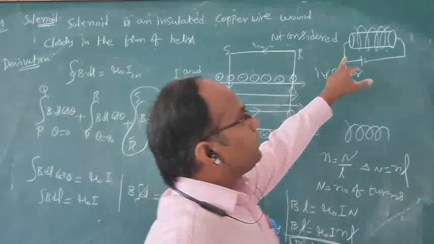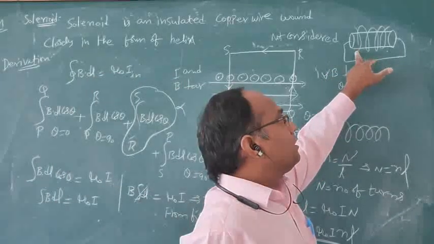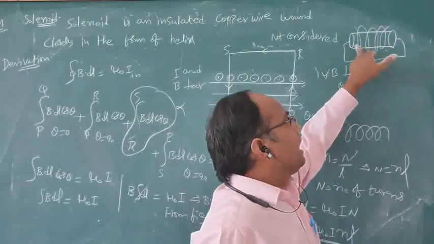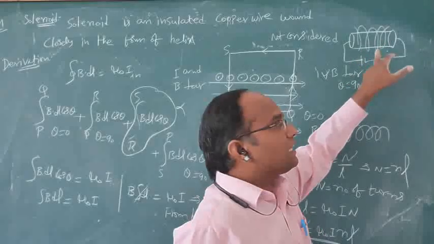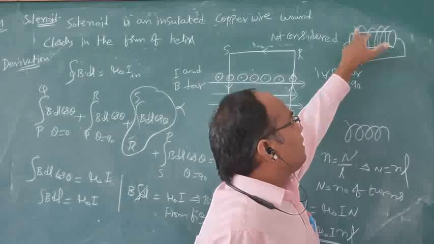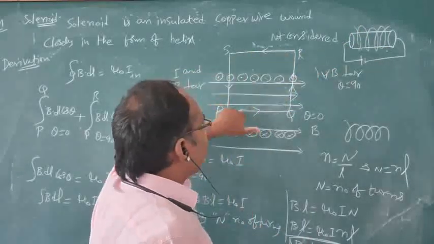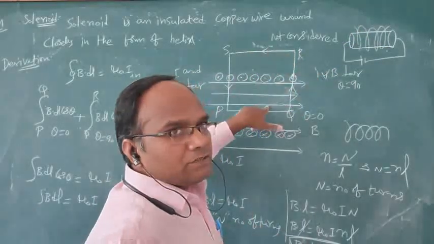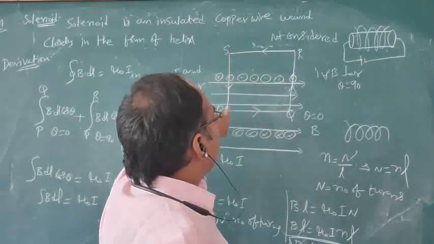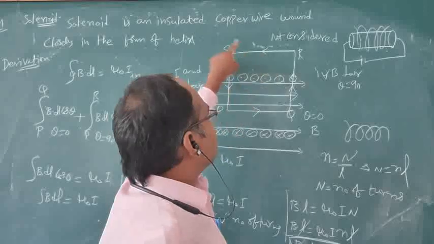I am taking the insulated hollow cylinder and connecting the battery and the wire, so the current is passing from outside to inside, like this: P to Q, Q to R, R to S, S to P.